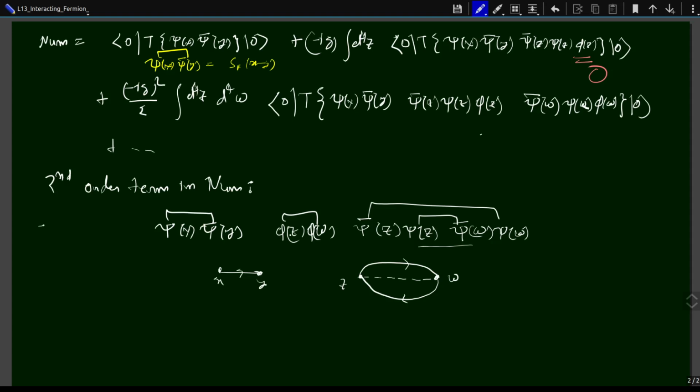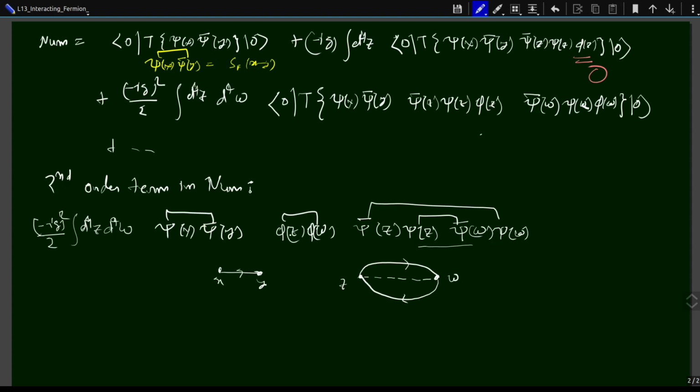What is the prefactor? Minus ig squared by 2, d⁴z d⁴w. Okay, this is there. I have to integrate over w and z because they are dummy variables.